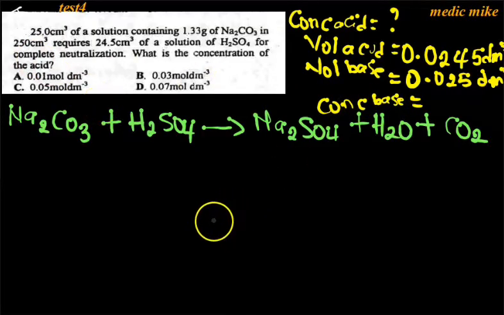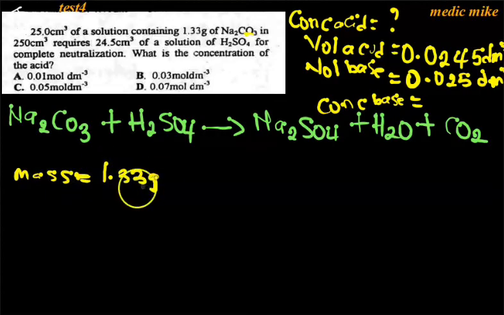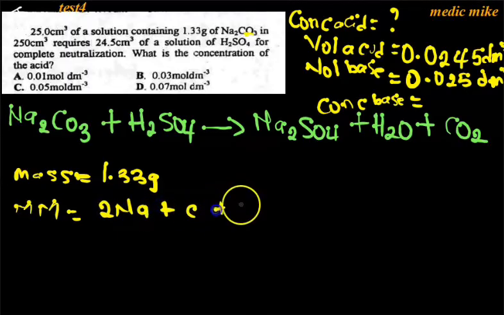Remember our base, which is our basic salt, Na2CO3, contains mass 1.33 grams, and it has its molar mass. We know how to find that: we're looking for 2Na plus C plus 3O.